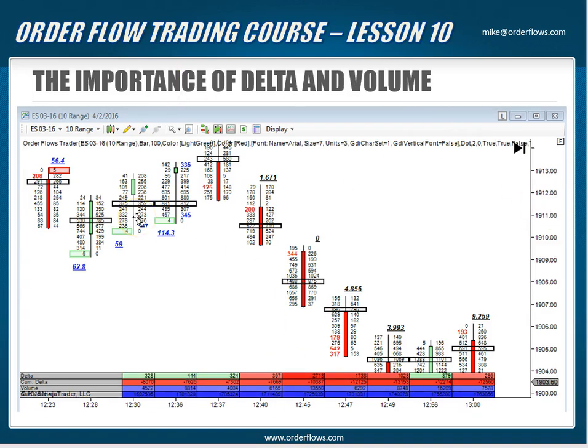Let's take a look at a chart here real quick. So this is an E-minis chart, and this is just measuring the volume. You're seeing the market trading between 1911 and 1913, and the volumes are going back and forth. It's this third line here, volume on the bottom. At this bar here at 1230, it's 4,500, 8,000 at 1236, 4,000 at 1237, 6,000 at 1240.